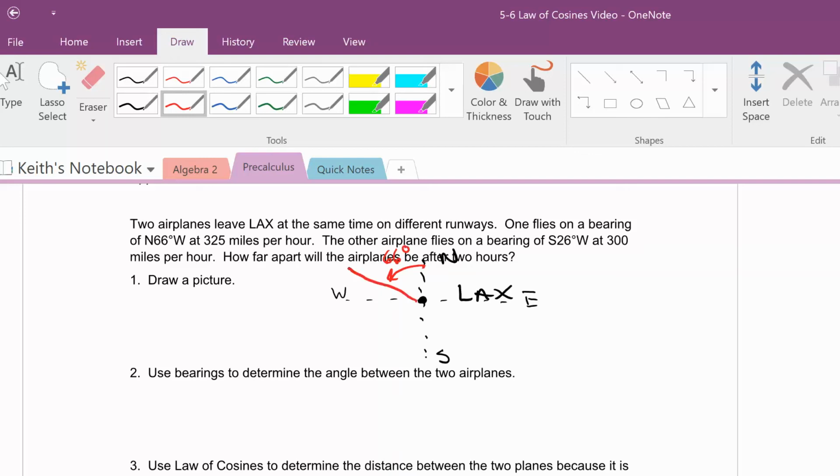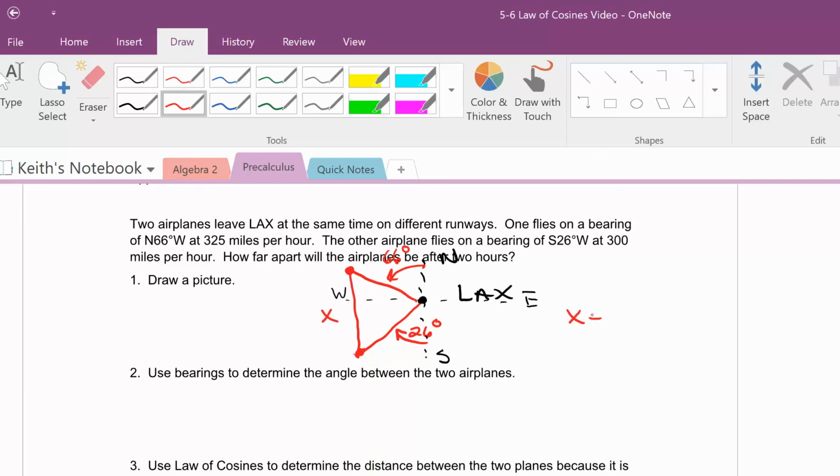So it goes that way. That's plane 1. Plane 2 goes south 26 degrees west, right here, and then you want to figure out how far apart they will be after 2 hours.